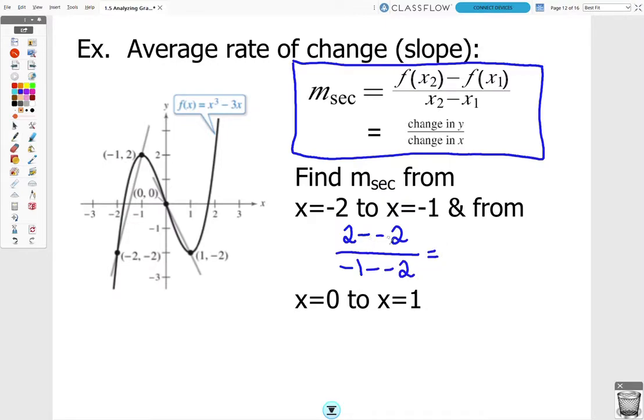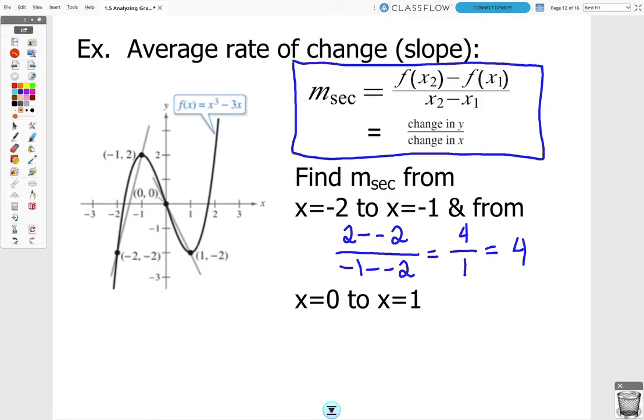So 2 minus -2 is the same thing as 2 plus 2, which is 4. And -1 minus -2 is -1 plus 2. And so the average rate of change between -2 and -1 is 4. Makes sense. It's a positive slope. It is increasing. And if we count 1, 2, 3, 4 over 1, that looks pretty good.